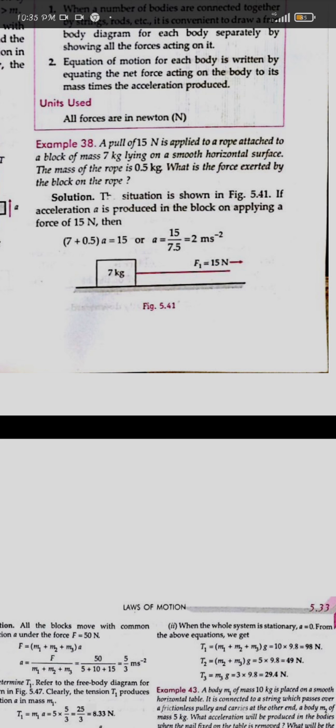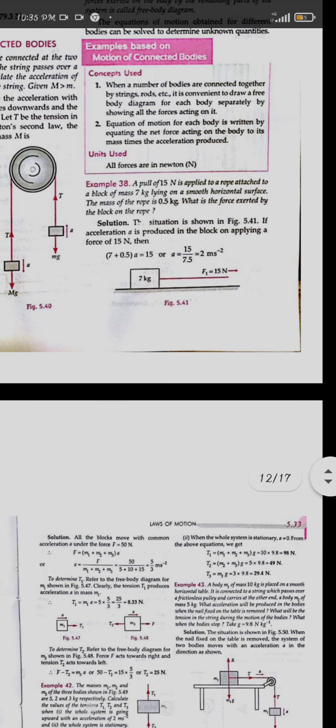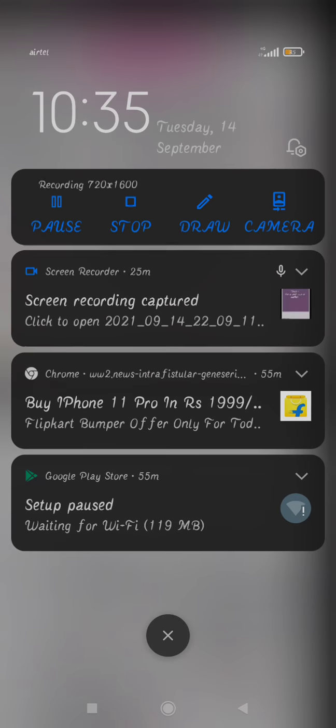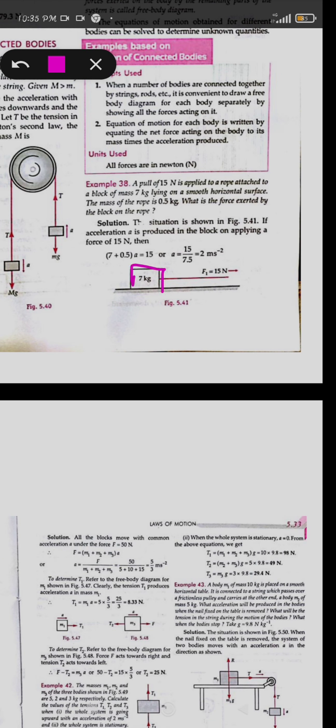Okay, so here the two masses are there, and we are finding the force. Force is equal to mass into acceleration. So we have to find the acceleration, and the force is given, that is a pull of 15 Newton. We know that the 7 kg mass acts in the downward direction, so it is mg.